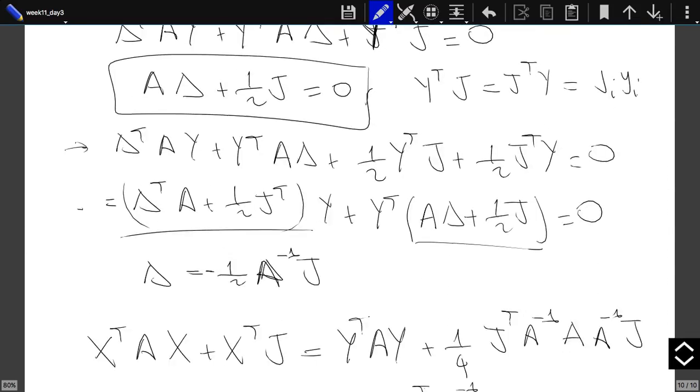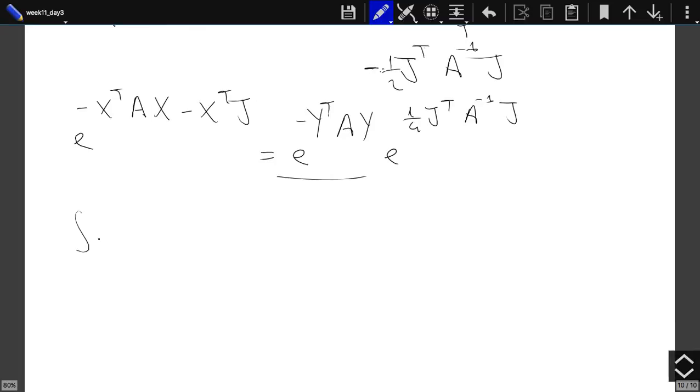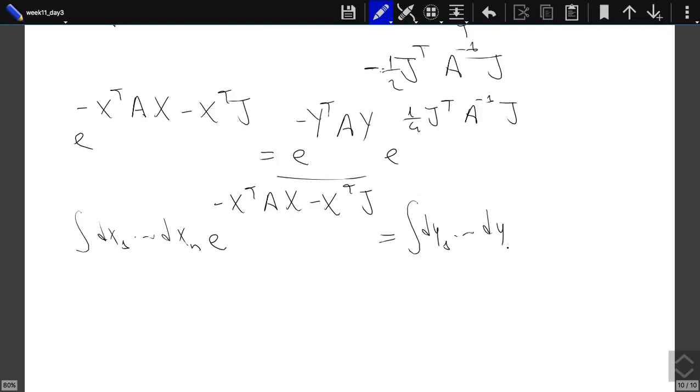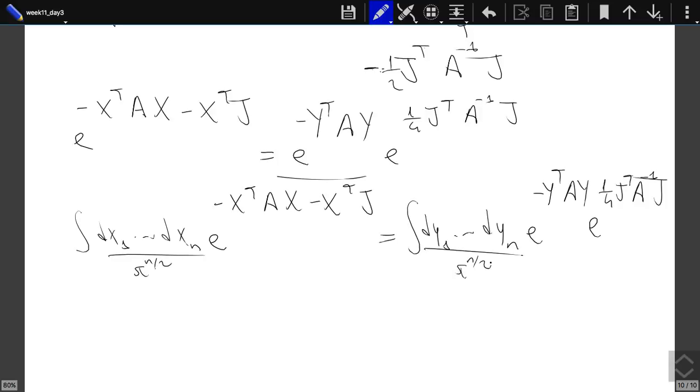And so this integral of e to the power minus x transpose A x minus x transpose J is equal to the integral of dy1 to dyn e to the power minus y transpose AY times e to the power 1 over 4 J transpose A inverse J. This J transpose A inverse J term is independent of Y, and we already know the integral over the Y's.